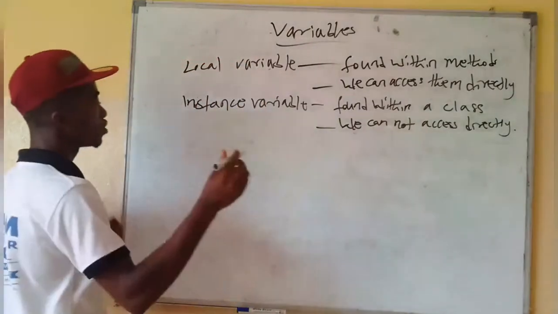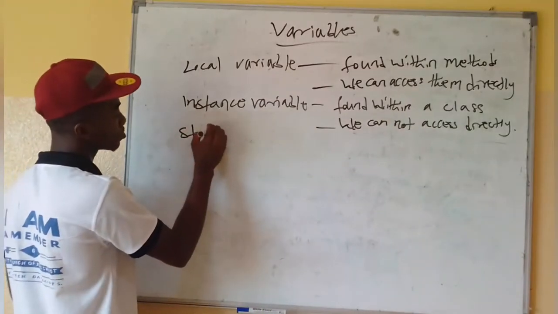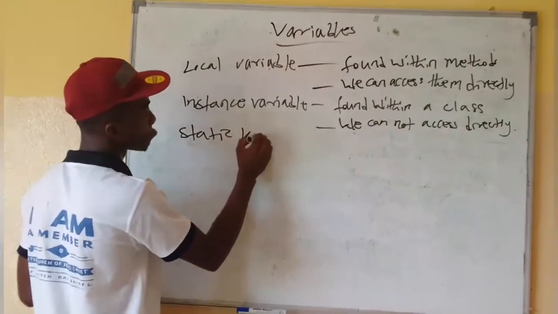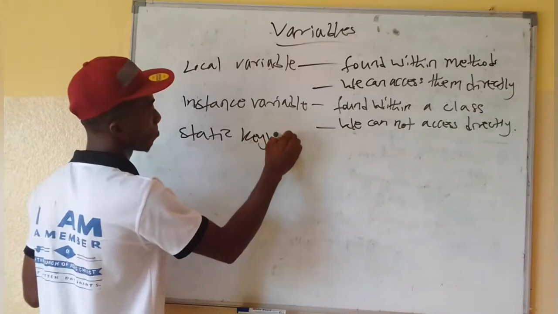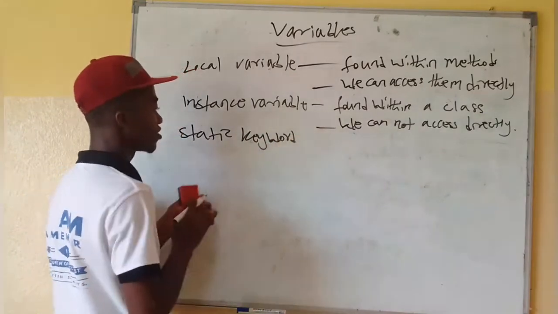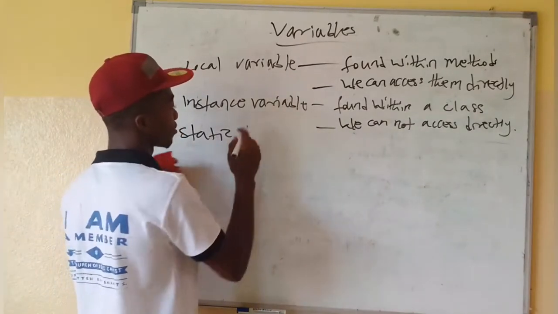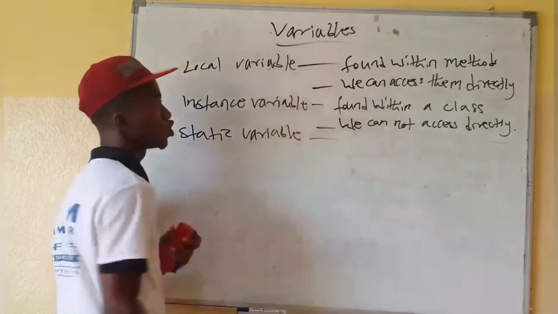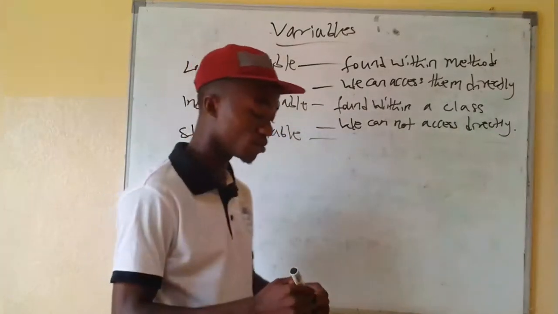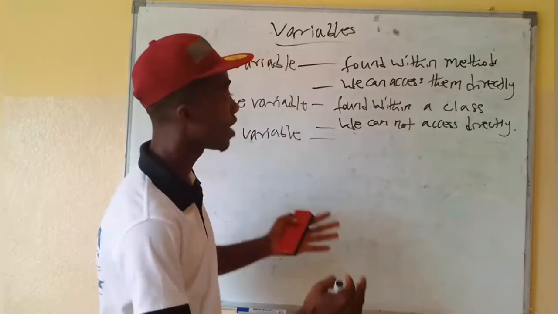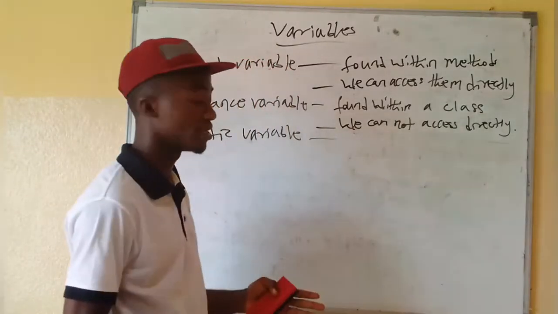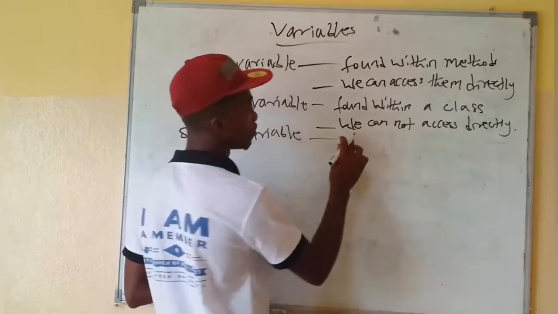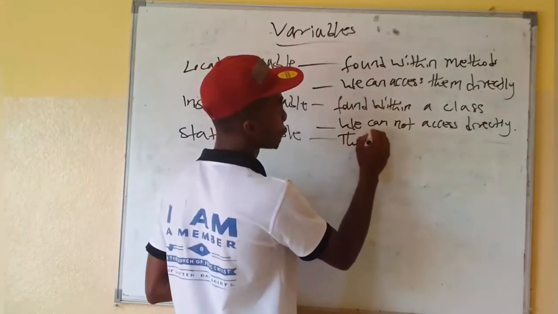Now we'll talk about the static keyword. Now, static variables. They can be found in a method, they can be found in a class, but they must follow the static keyword.